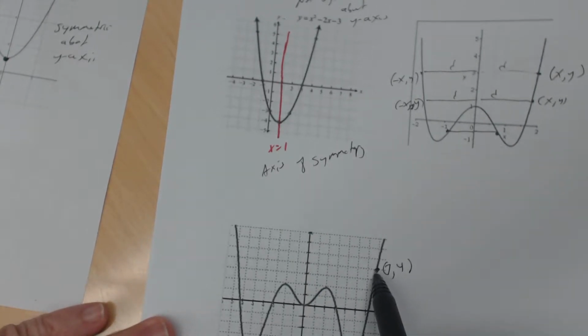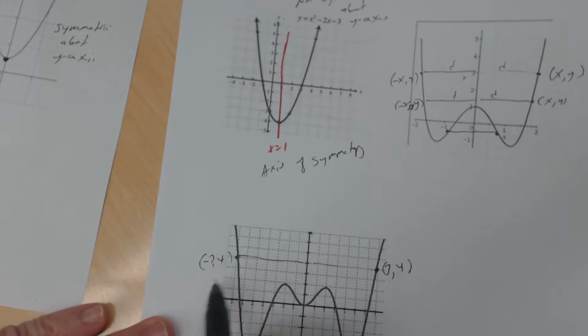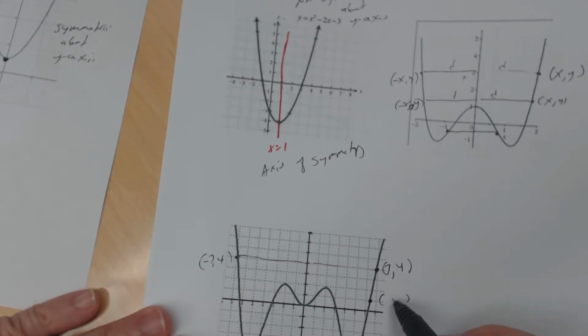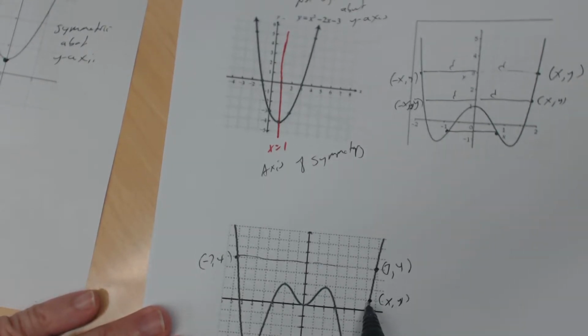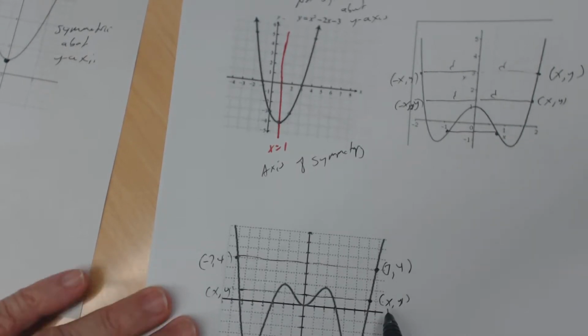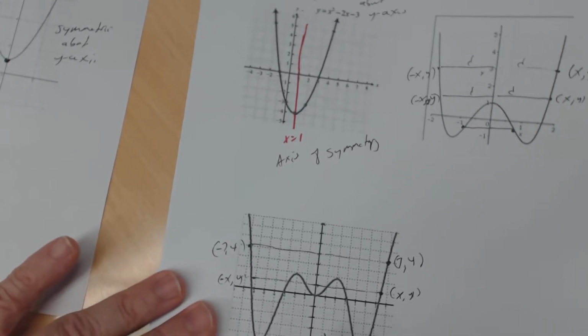Then the question is, when I look at this distance here and go across right here, is this the point negative 7, 4? The answer is yes. If this point here, again I'm making this up, let's just call it x, y, and I go along this distance all the way to the y-axis, and then go across like this, is that the point negative x, y? Whatever that point is, the answer is yes.